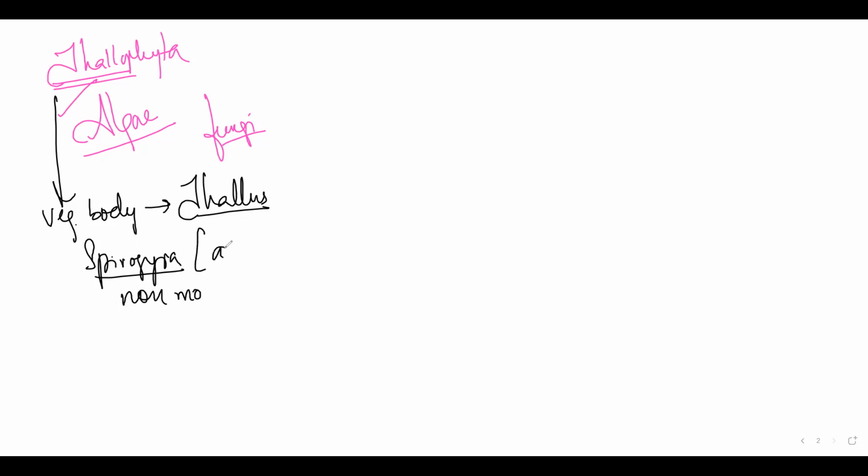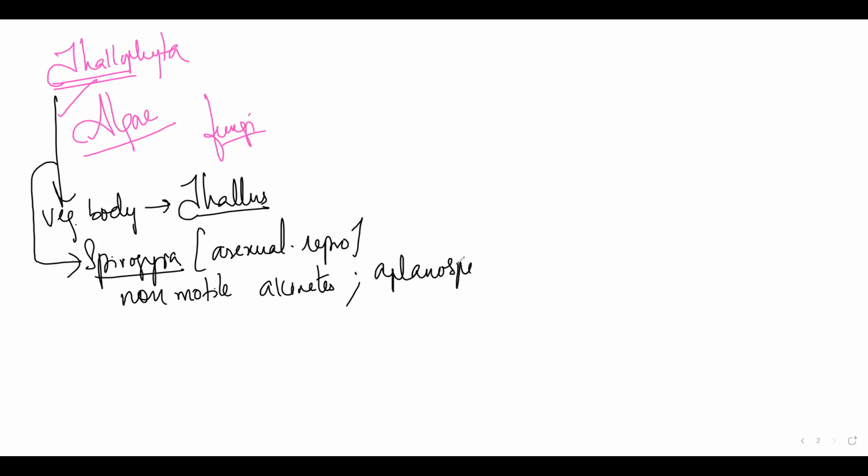So these are the asexual reproductive techniques employed by Spirogyra, which is an example of algae. So it reproduces asexually by producing non-motile spores, and these non-motile spores are akinetes or aplanospores. It might be employing any one of the techniques.